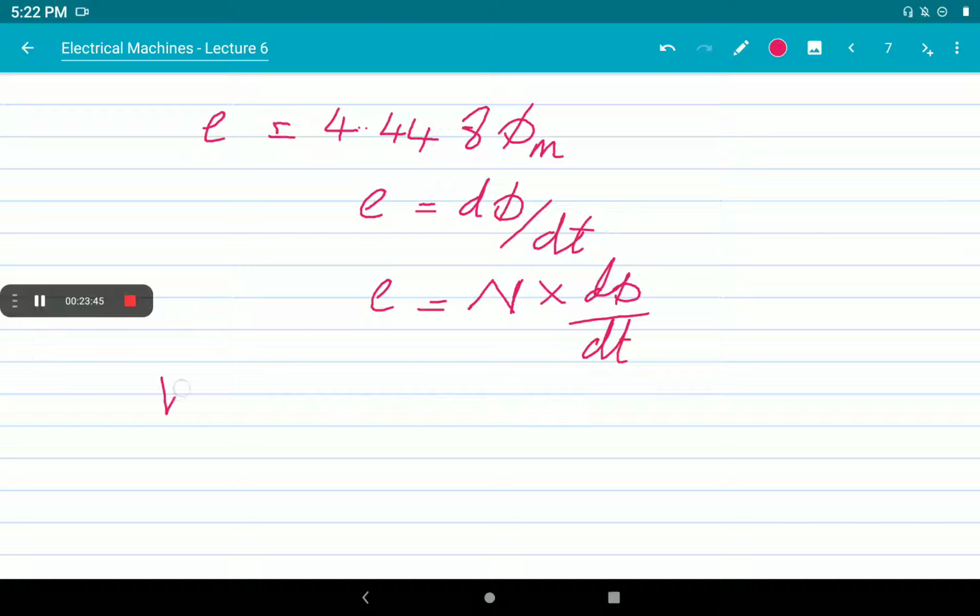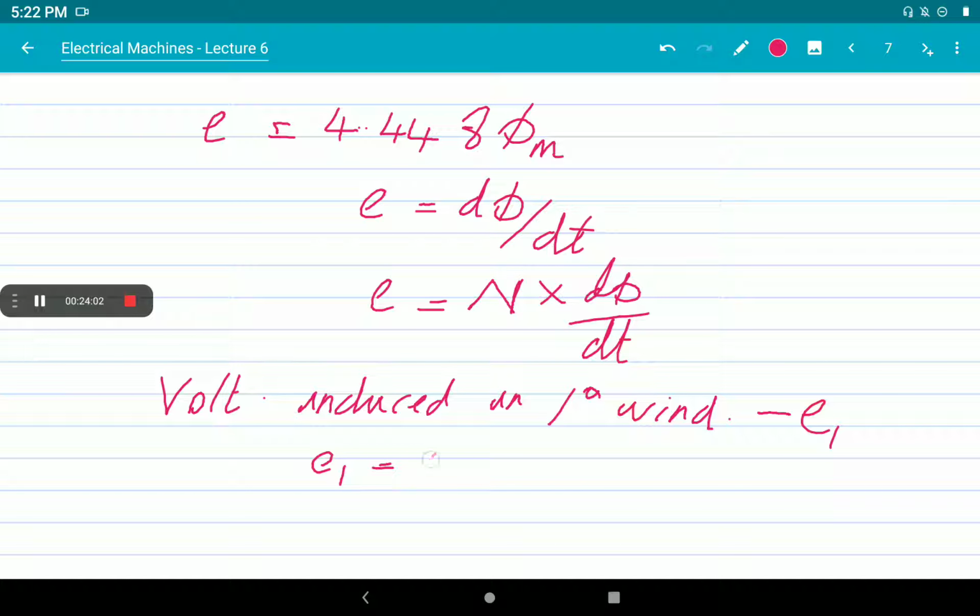So the voltage induced in the primary winding we call E1. E1 is equal to N1 into ET, where N1 is the number of turns in the primary winding, and ET is the induced EMF per turn.